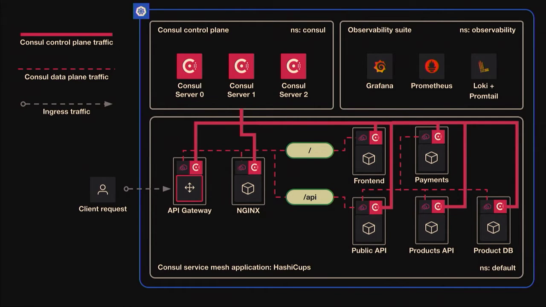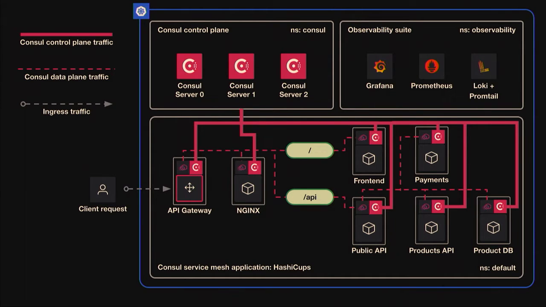So now that we've built up the elements of our tutorial, let's shine a quick light on the traffic flow of the demo application, HashiCups. It's pretty straightforward. A client HTTP request, that could be you or a computer, is sent to the HashiCups service, which is handled by the Consul API gateway, as indicated by the gray dashed line in this diagram.